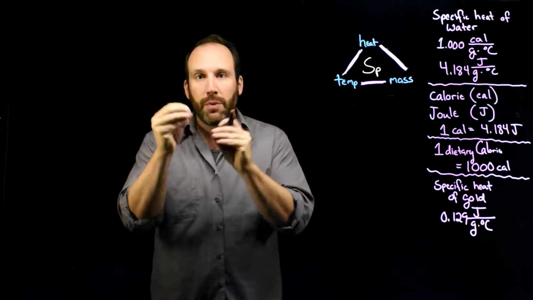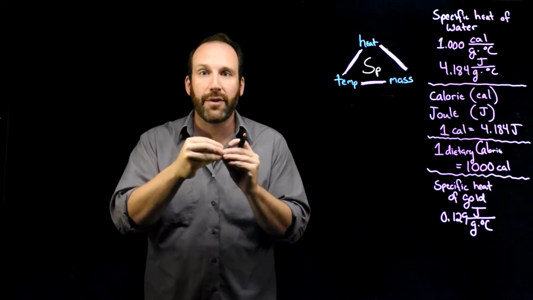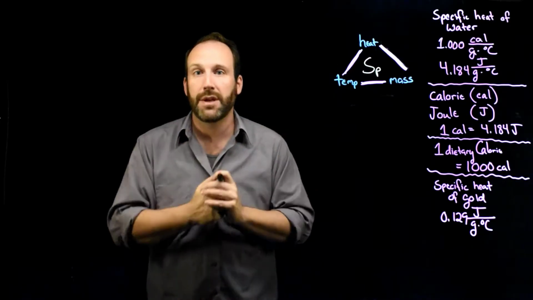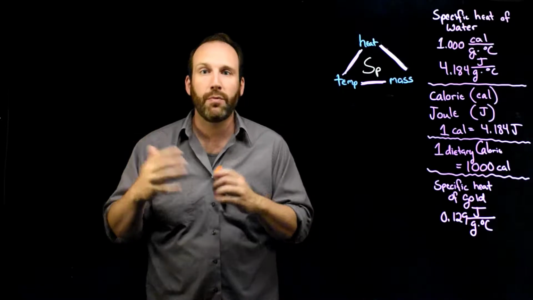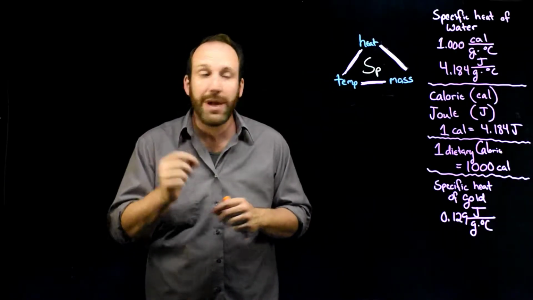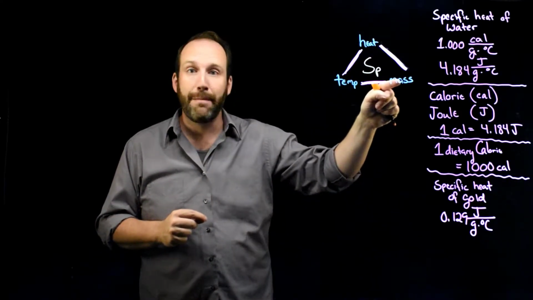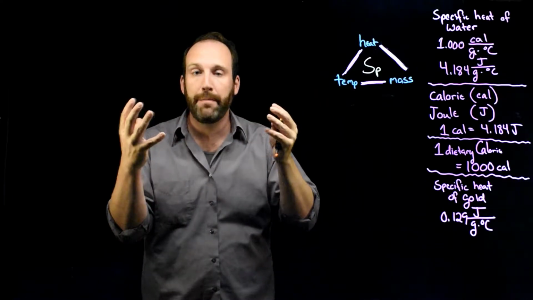So there's a relationship there between the heat that's added, let's say added for now, and the amount of matter that we have. So how do we define the amount of matter? Well, we'll define it by mass, okay? So there's a relationship between heat, the mass of that matter, and the temperature of that matter.